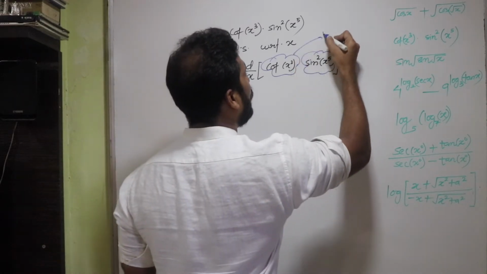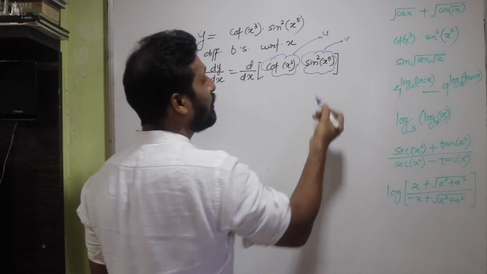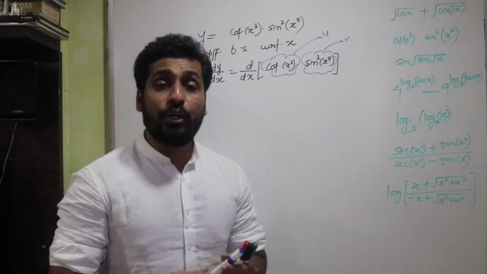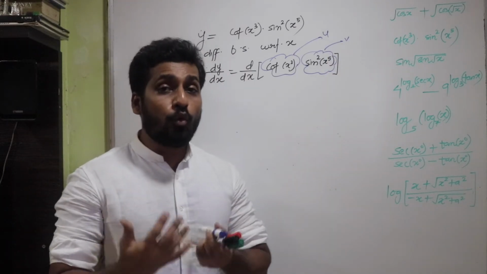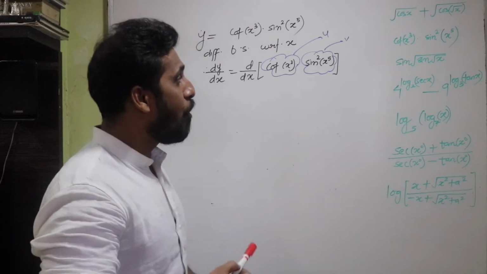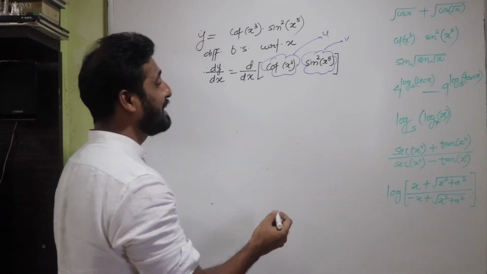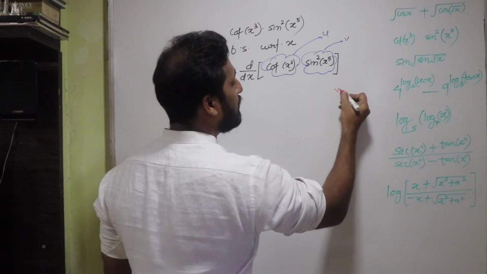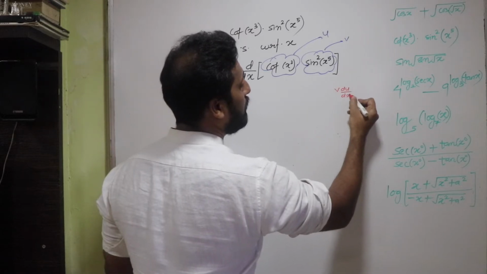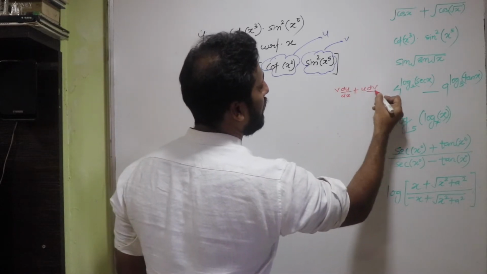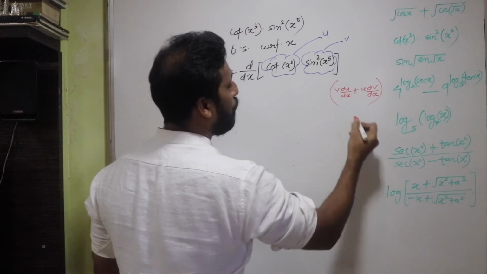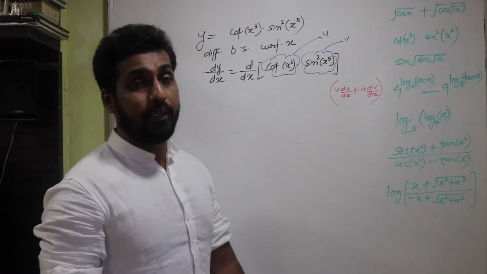So this is u and this is v. So it looks like u into v. I hope you already know the formula for u into v is given by v as it is, derivative of u, plus u as it is, derivative of v. That's the formula for u into v.